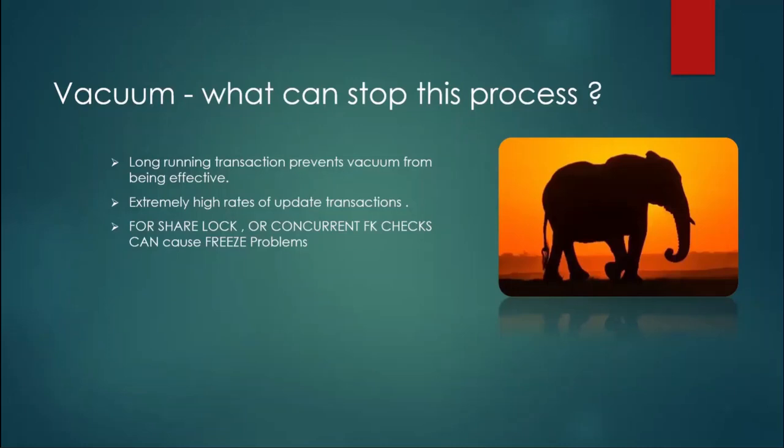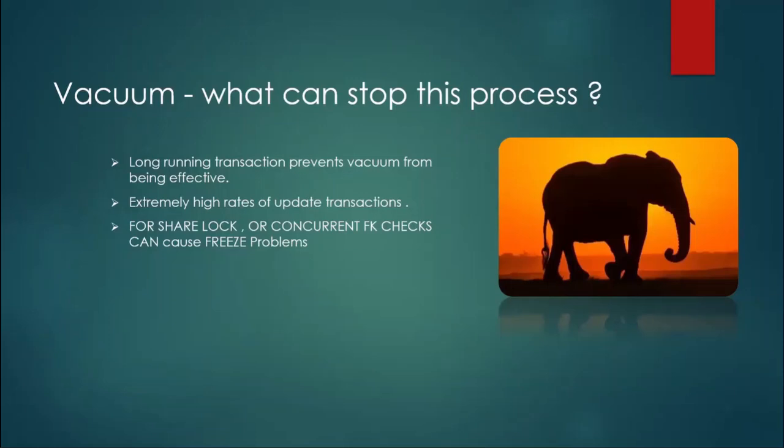So the dead tuples on those tables keep on increasing, and that is going to affect the performance of those tables. So by skipping the vacuuming operation, this is one consideration.